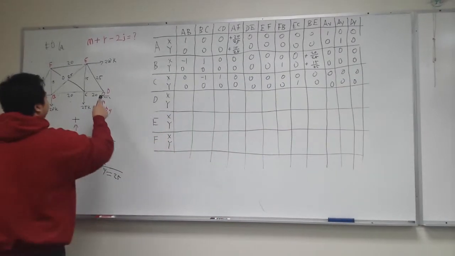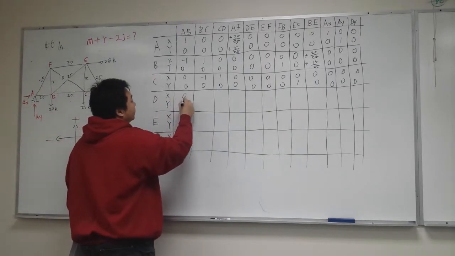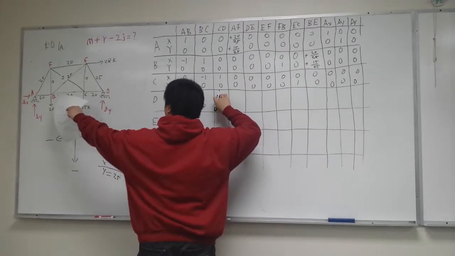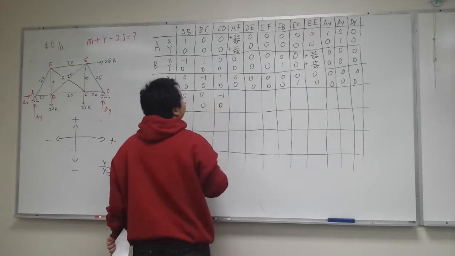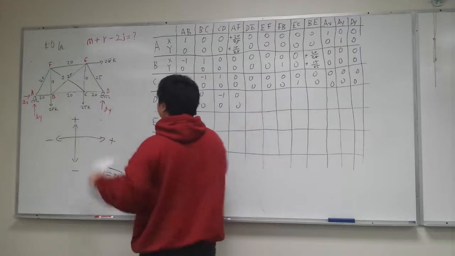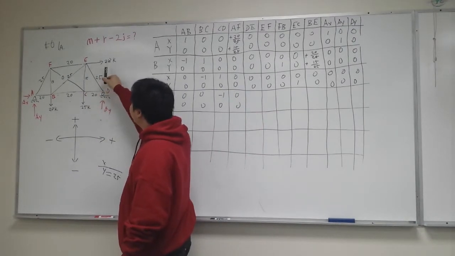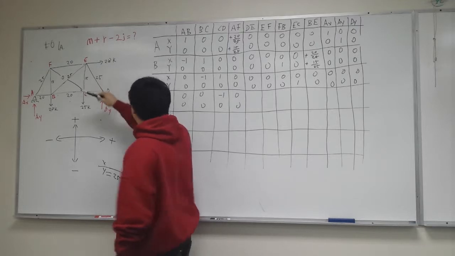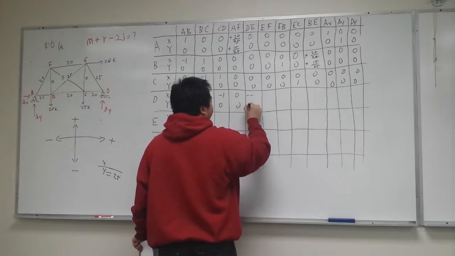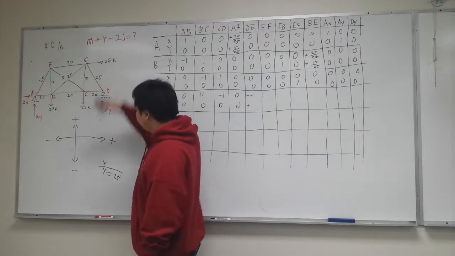For point D, right here, AB had nothing to do with D, so 0. CD, going backward, D to C, so it's negative. AF, nothing. DE, this one. When you convert the incline into X and Y, Y is going to be positive and X is going to be negative. Like I said before, the largest one is your bottom number.